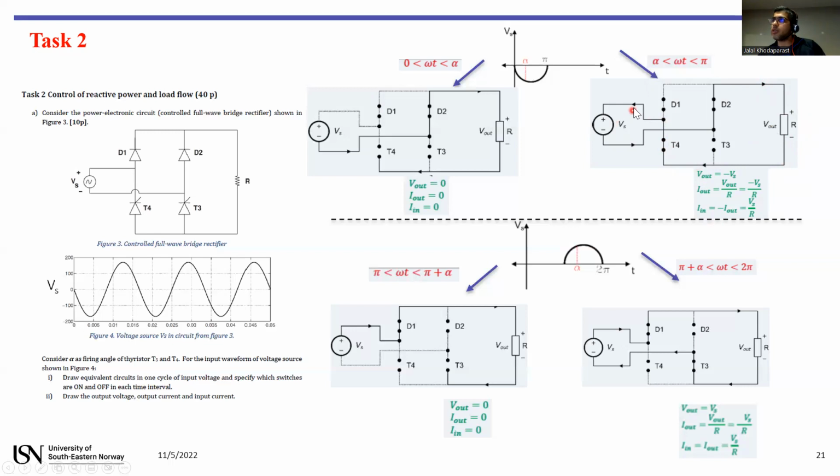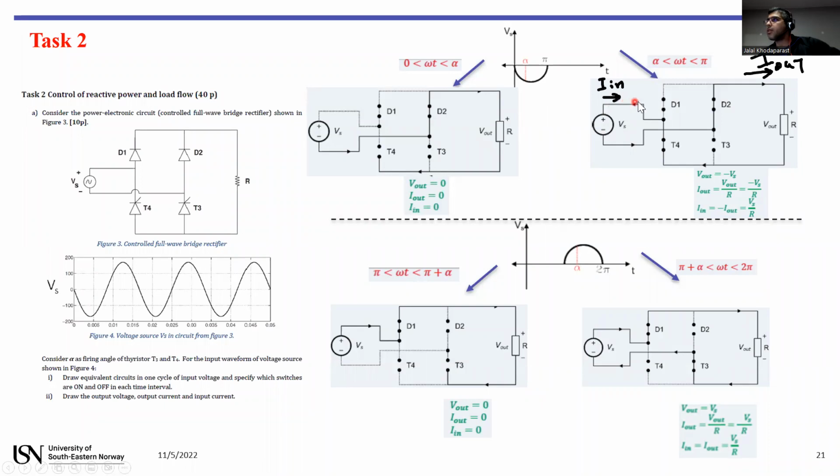And the input current: suppose that this direction is the input, and this one is the output. Let's follow. This is the input.